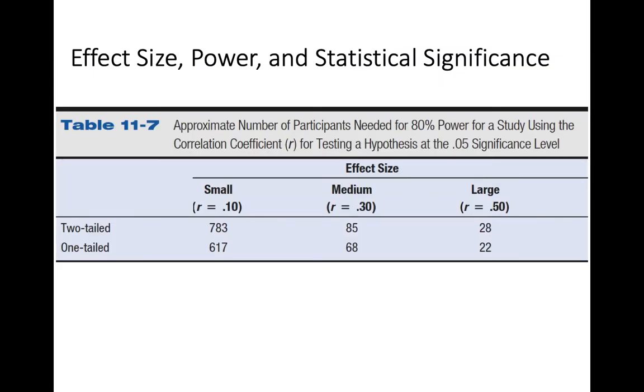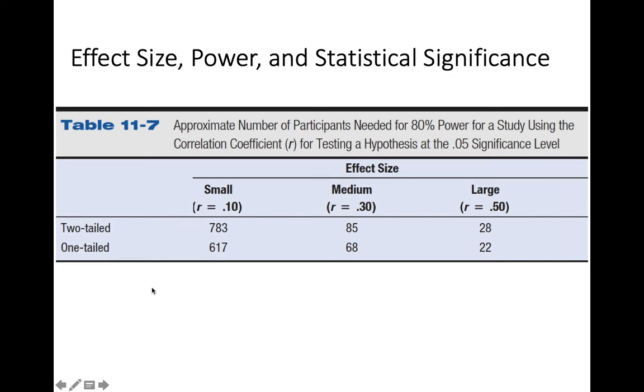All right, so this is emphasized in this table in the chapter. What this table shows you is the approximate number of participants in a research study needed for 80% power using a correlation for testing a hypothesis at the 0.05 level. Recall that power is a researcher's or a statistical test's ability to reject the null hypothesis and find a significant result, so really to detect a true effect when a true effect is there.